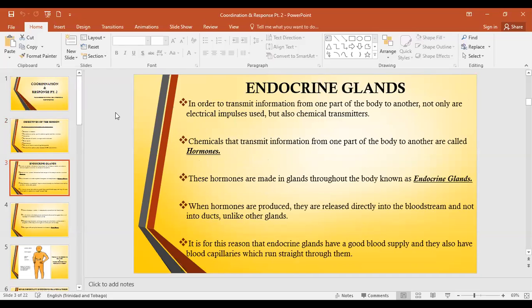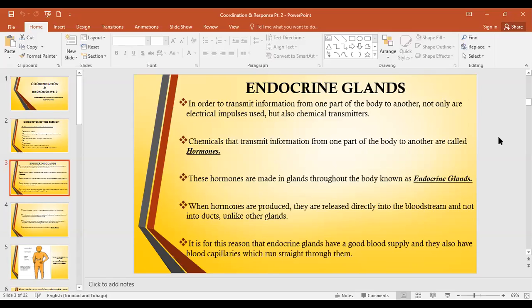Okay, so what happens is that in addition to your body communicating and transmitting messages via chemical, electrical impulses, you also use chemical transmitters, as we learned with the neurotransmitters as well. But not only that, even just now, we were talking about excretion again.